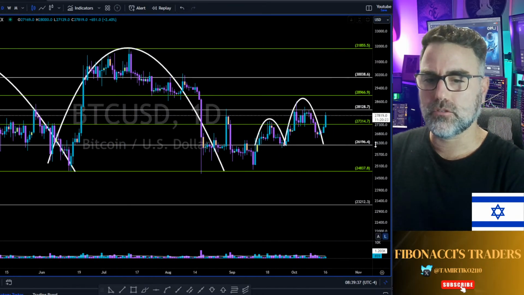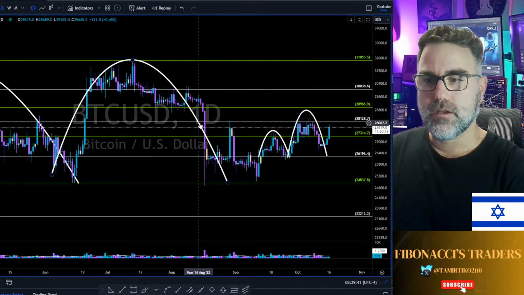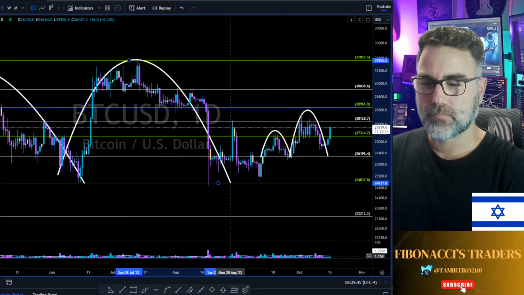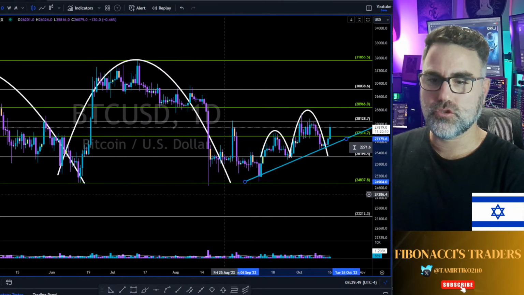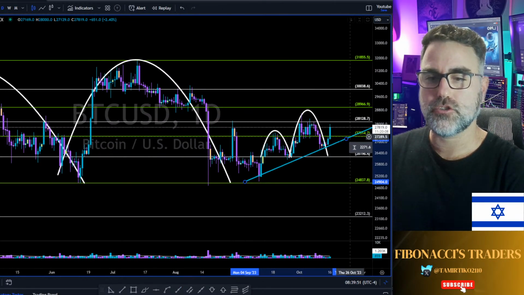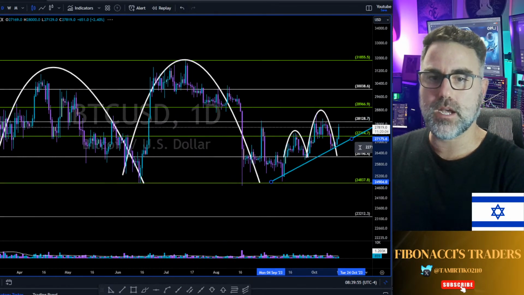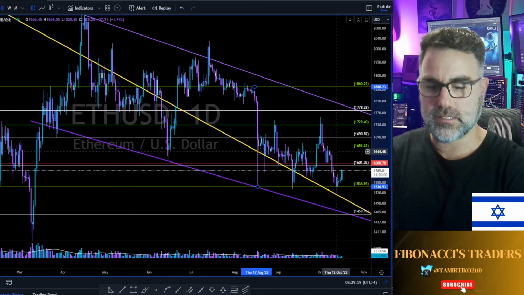This head and shoulders pattern will get negated only if we can get a few days above the 28,130, and then we can take a trend line to show us that we are in a short-term uptrend.